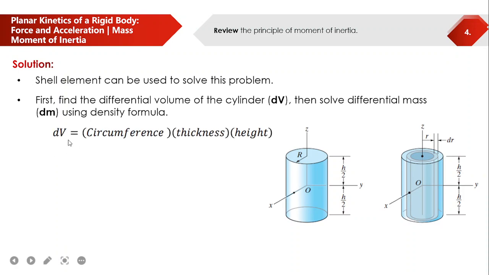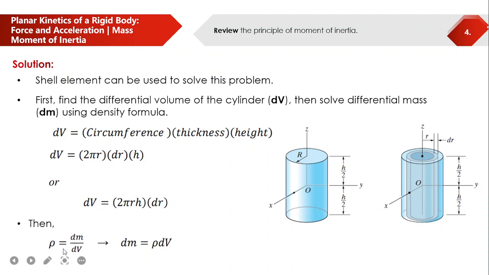So how do we do it? dV is equal to circumference times thickness times height. The circumference is 2 pi r. The thickness of our shell element is dr, and then the height h. So dV is equal to 2 pi r h dr. Then rho is equal to dm over dV, so dm is equal to rho dV.